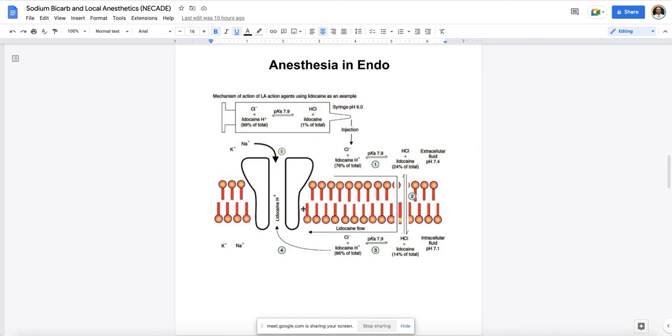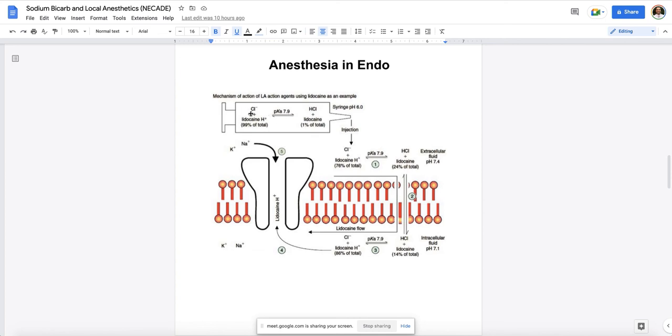I just want to share this diagram. This is the best diagram I've ever found explaining what happens when we use local anesthetics. Yes, in dental school we probably had a version of this, but to me this is a much more clinically relevant picture than anything I've ever seen. So let me go over this quickly. So the mechanism of action of all local anesthetics.